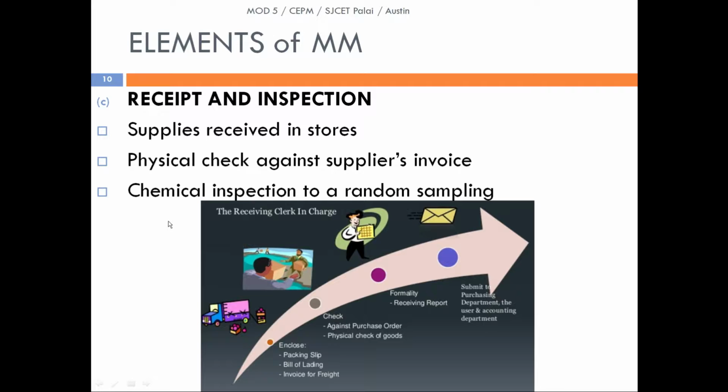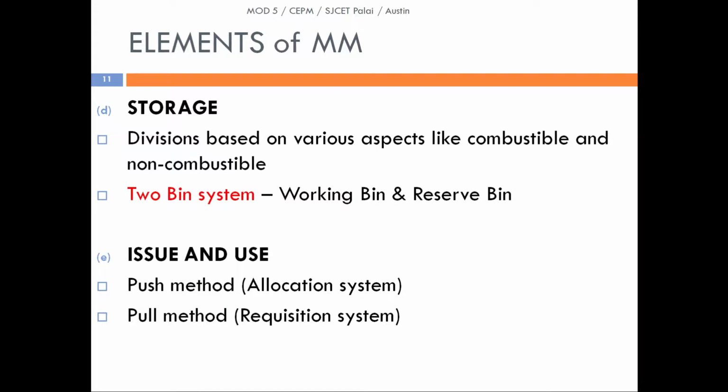We physically check the supplier's invoice, the quantity of materials, and the quality of materials, and randomly we will have a chemical inspection or a detailed inspection on the materials received. We will not be inspecting all the materials in detail. We will have a physical check on all the materials coming into the organization, while randomly we will select some of the materials and go for a detailed inspection or a chemical inspection.